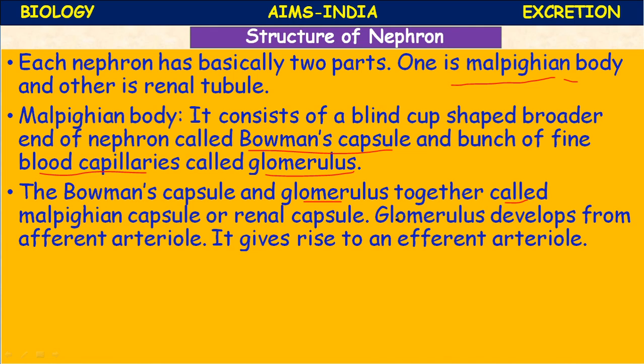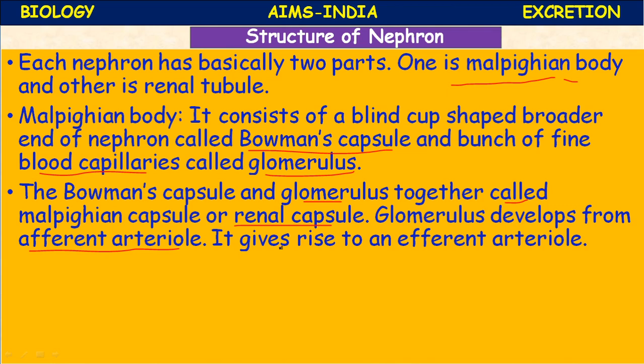The glomerulus develops from the afferent arteriole. The renal artery is divided into afferent and efferent arterioles.